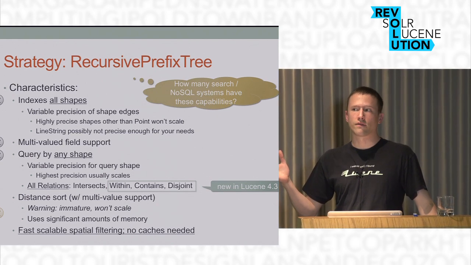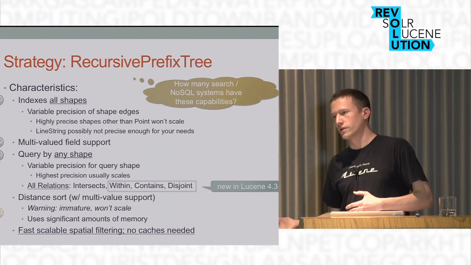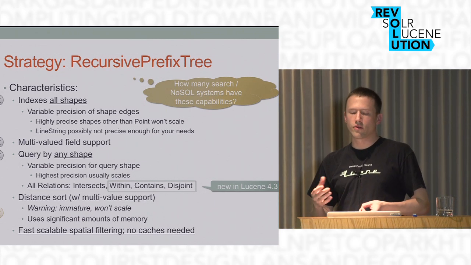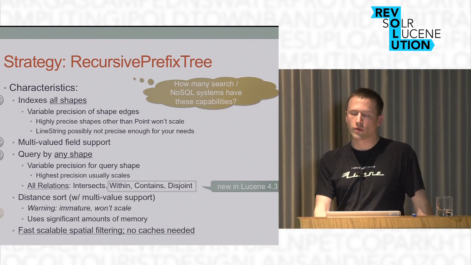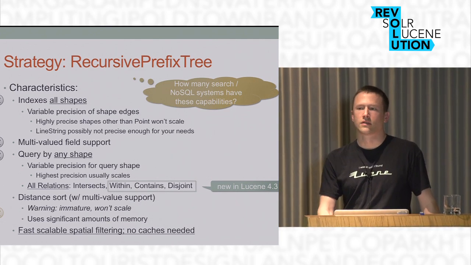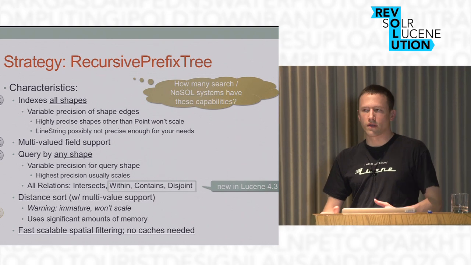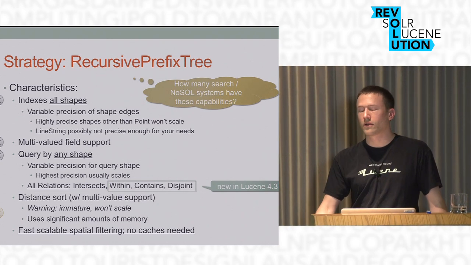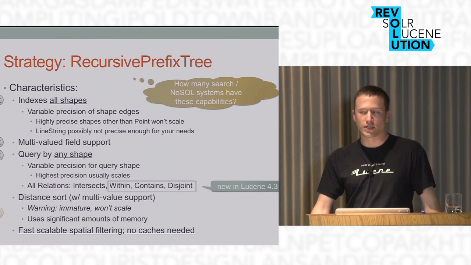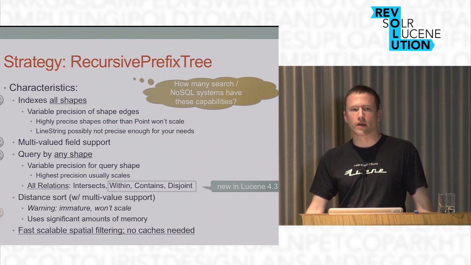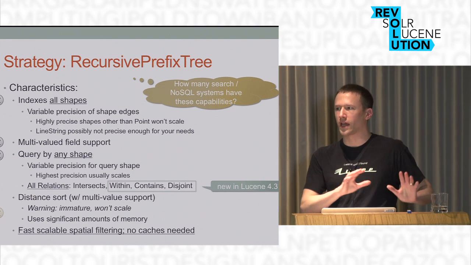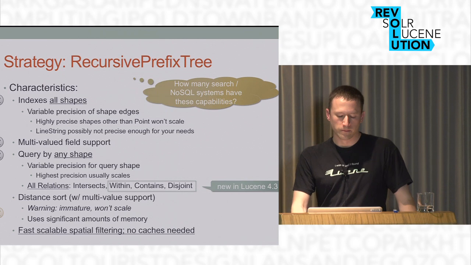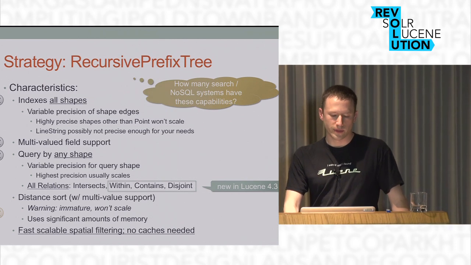Many platforms have index points and sort by distance, or they may have a polygon query, but I don't know of any other search platform or NoSQL platform where you can index shapes and then query by those shapes. So that's pretty exciting. Obviously in the relational database world, there are some very mature spatial products. But the moment you get into relational databases, that's a whole can of worms that have their own constraints and appropriate use cases. So it's pretty exciting to me.